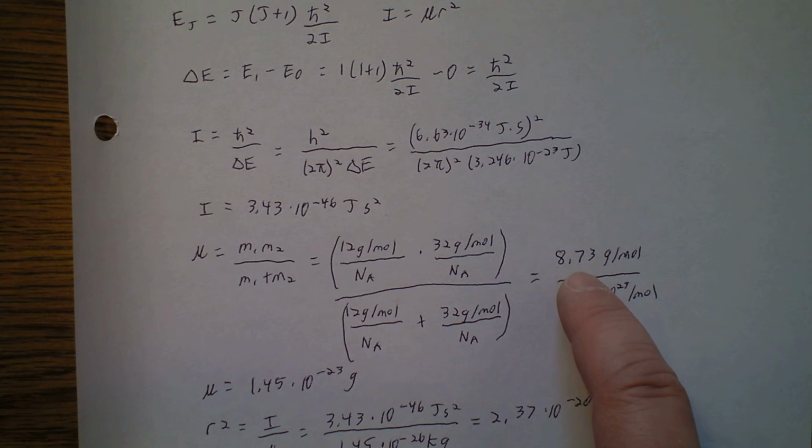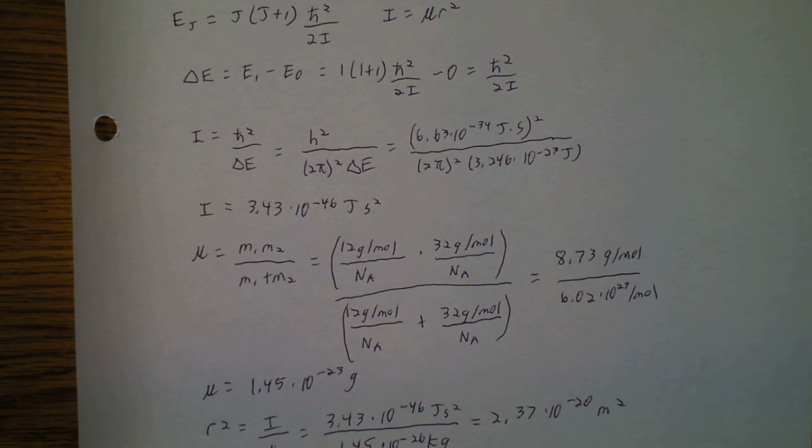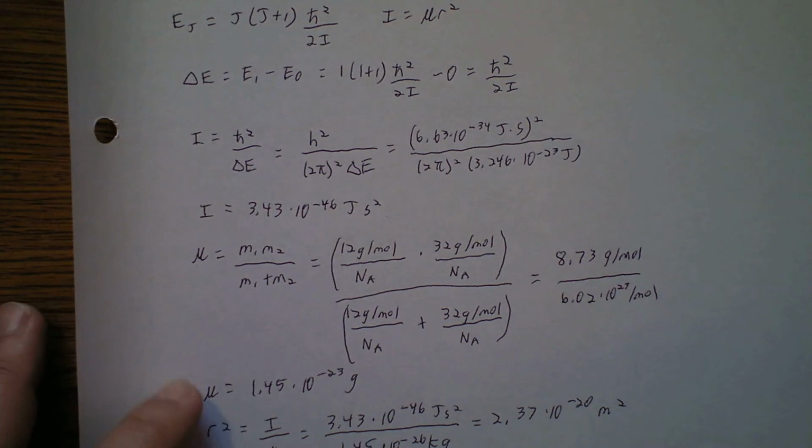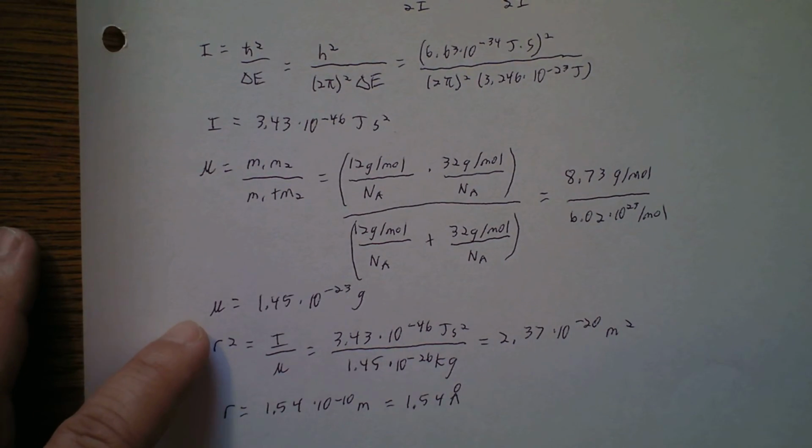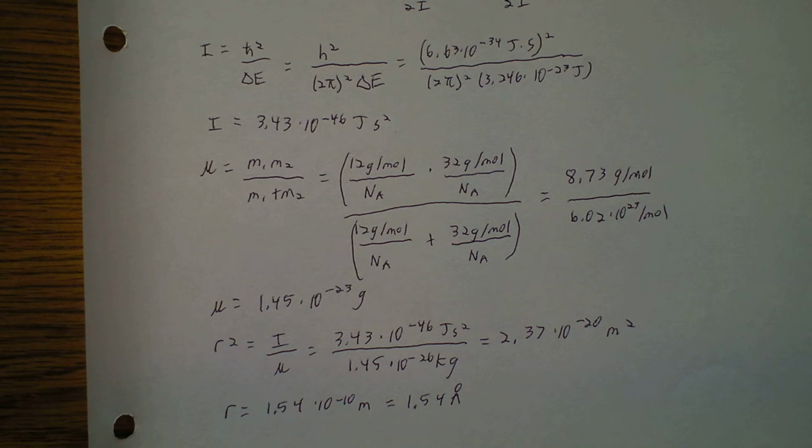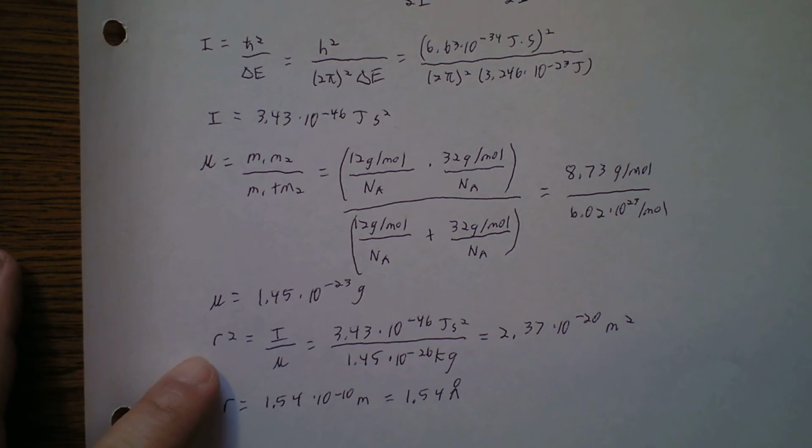That works out to 8.73 grams per mole divided by Avogadro's number, 6.02 times 10 to the positive 23 per mole. Obviously the per mole cancel out, which isn't a real unit, but you get the idea. So the reduced mass of that carbon-sulfur bond is 1.45 times 10 to the negative 23 grams.